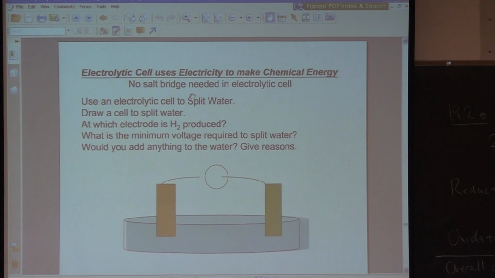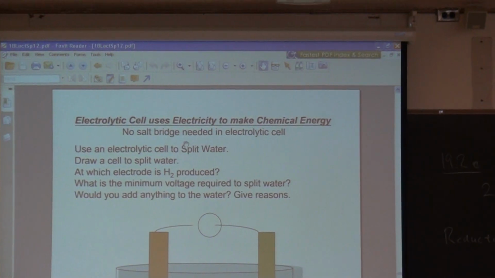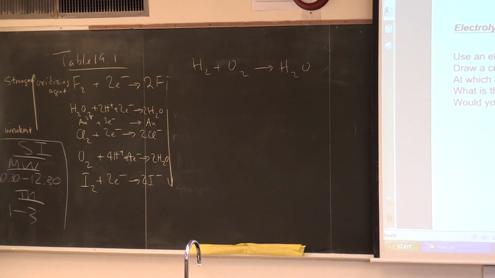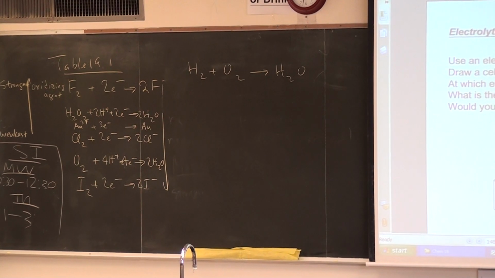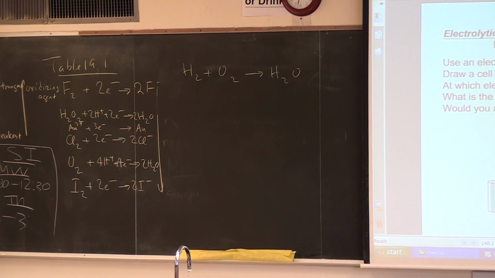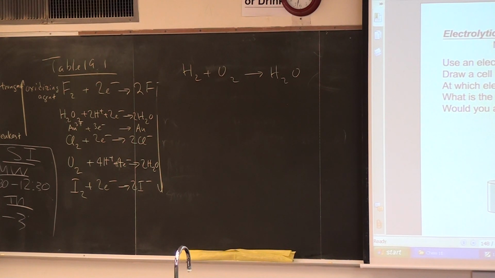Okay, so we know that if you have this reaction, H2 plus O2 to make water, is delta G for this reaction greater than 0 or less than 0? Greater or less? By saying greater, you mean it's non-spontaneous, the reaction doesn't occur. Less than 0, it is spontaneous. Yeah, in this direction, as written.